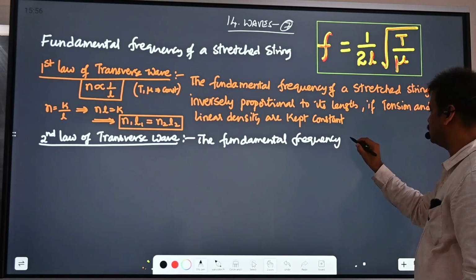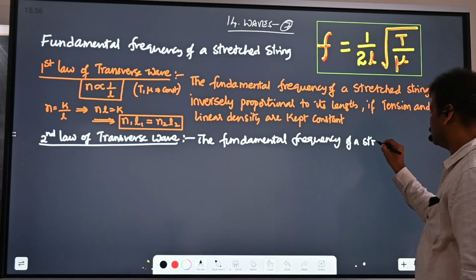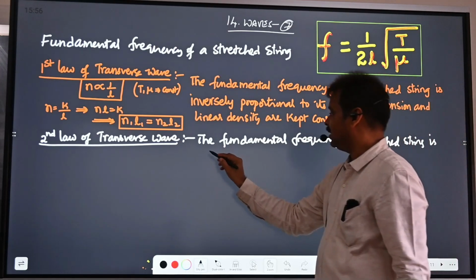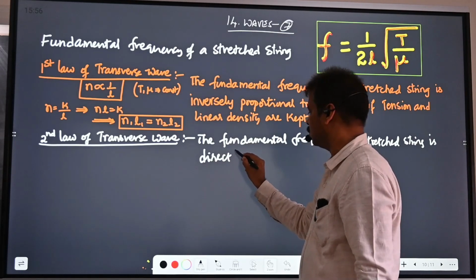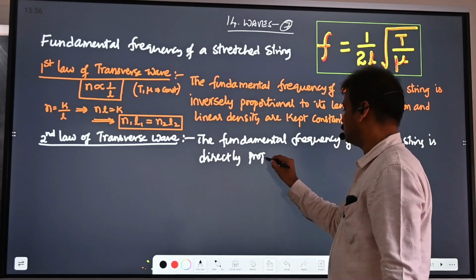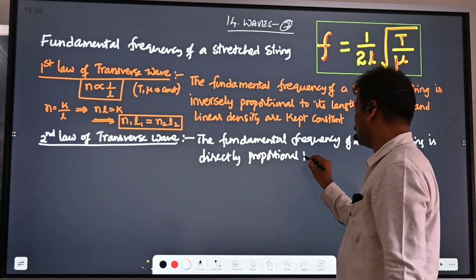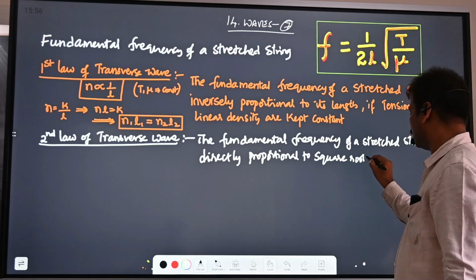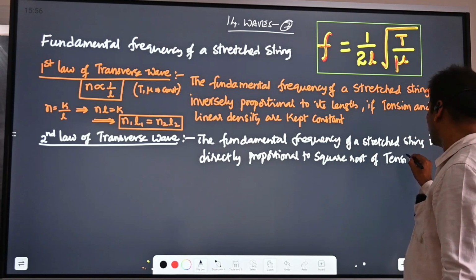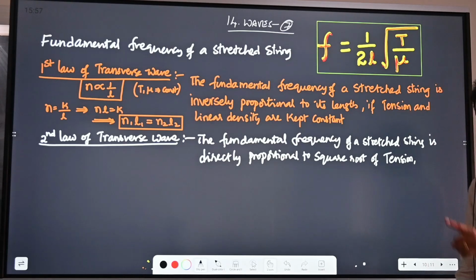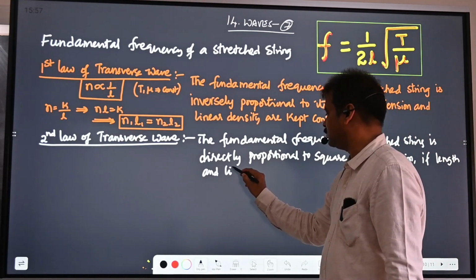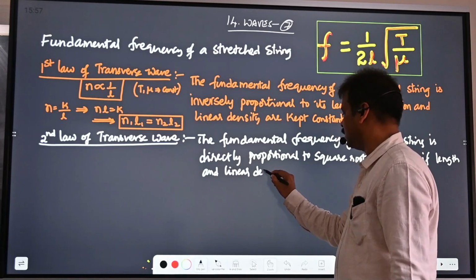So the fundamental frequency of a stretched string is directly proportional to square root of tension if length and linear density of the string are kept constant.